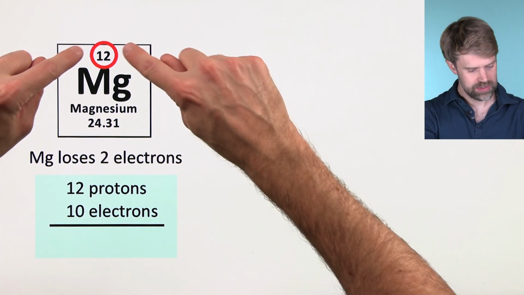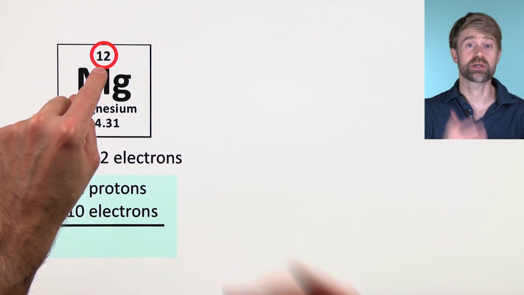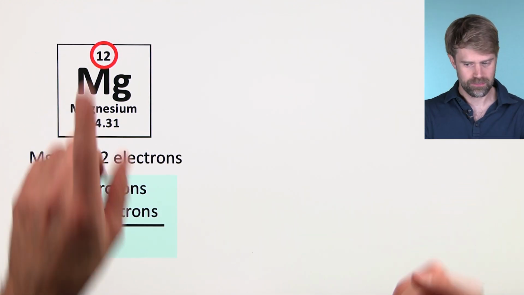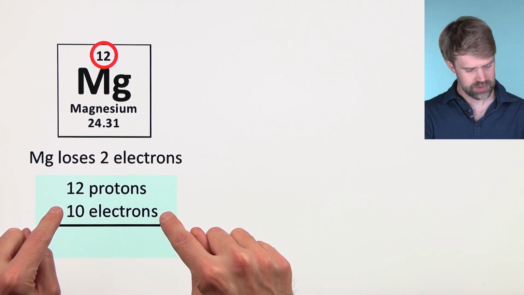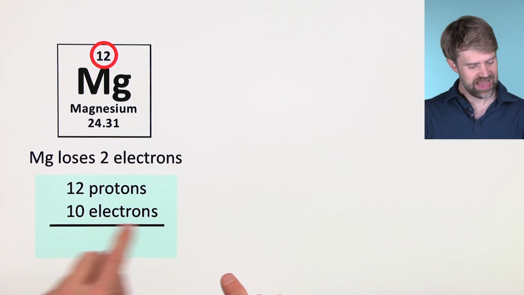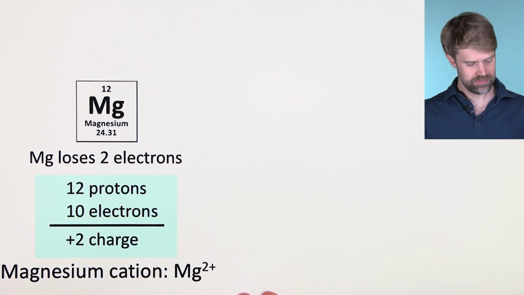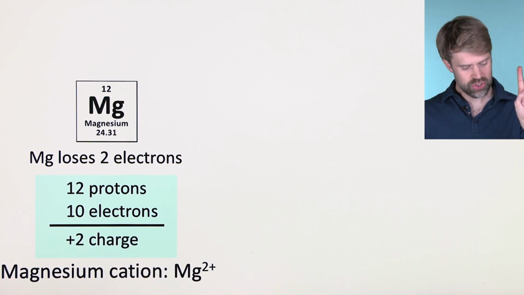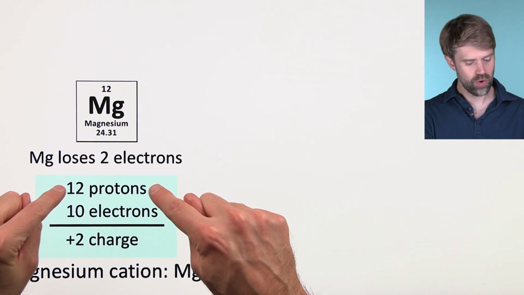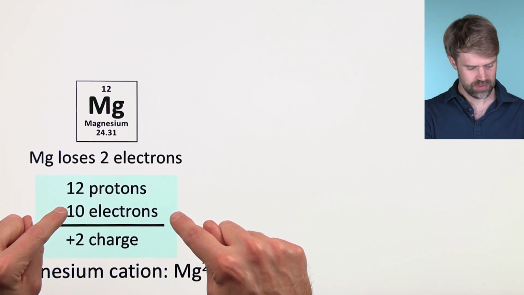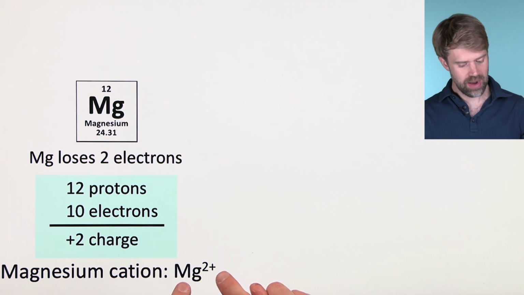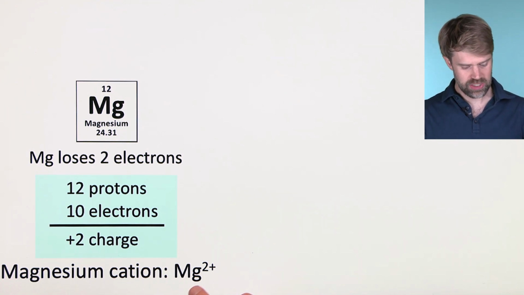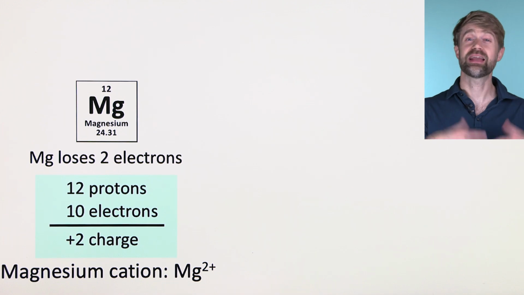We know that magnesium has 12 protons because that's its atomic number. So if it loses 2 electrons, it will only have 10 electrons left, and it will get a +2 charge, right? It has 2 more protons than electrons, and protons are positive. So the magnesium ion is Mg2+, and it is a cation.